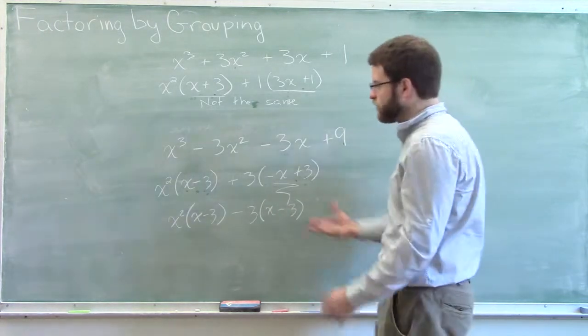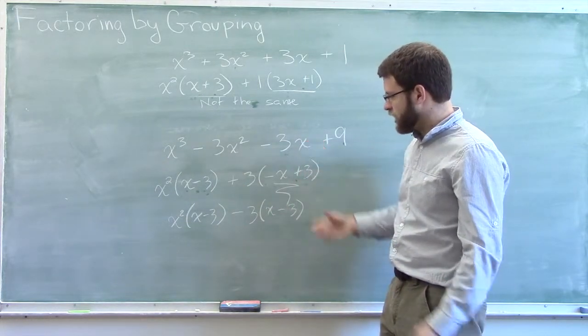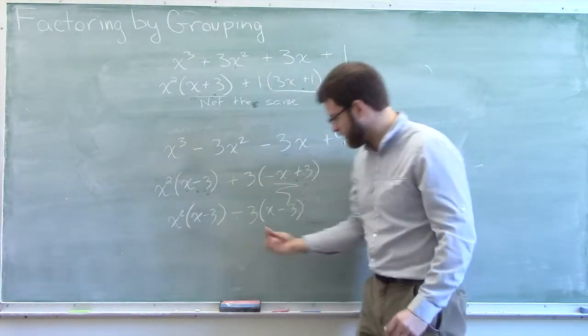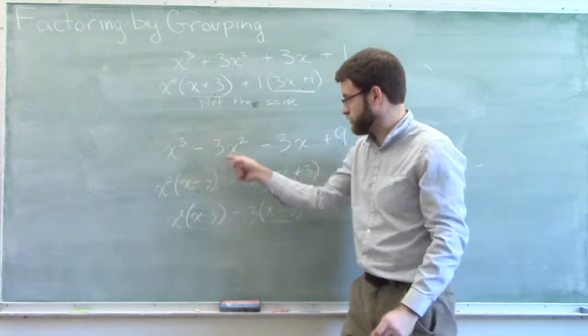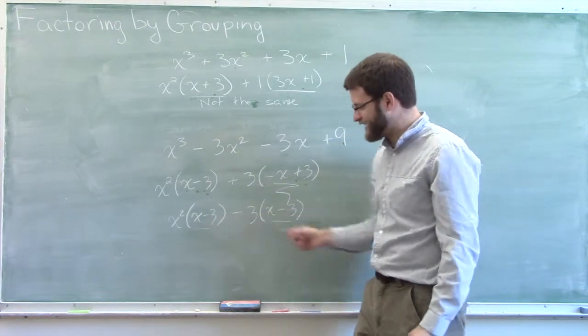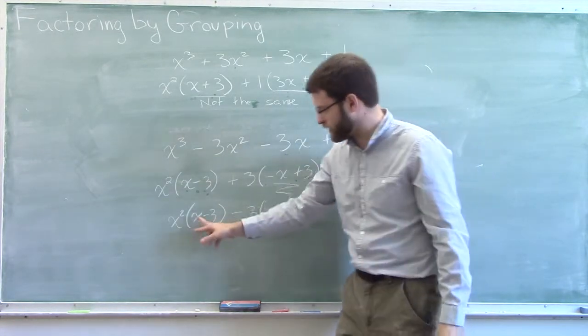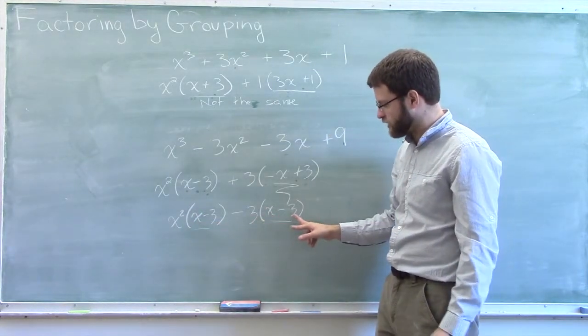Okay? So we're able to group the first two terms together and the second two terms together, and if we draw out exactly the right features, we can make the remainder of those expressions, the factored out bit, identical. Okay? So I have something times the factor x minus 3, something else times the factor x minus 3.